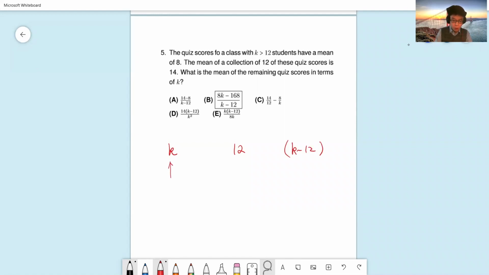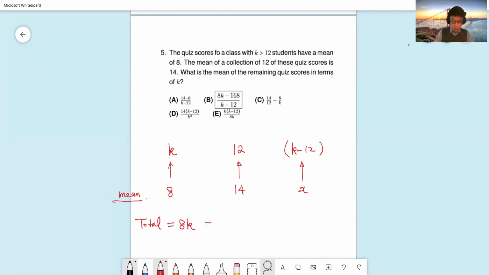Now for the overall average, the number is 8. And for the collection of 12 scores, the average is 14. We know the total score can be calculated in two ways. Suppose the average, or mean, for K minus 12 is x. The total score equals 8k on one hand.